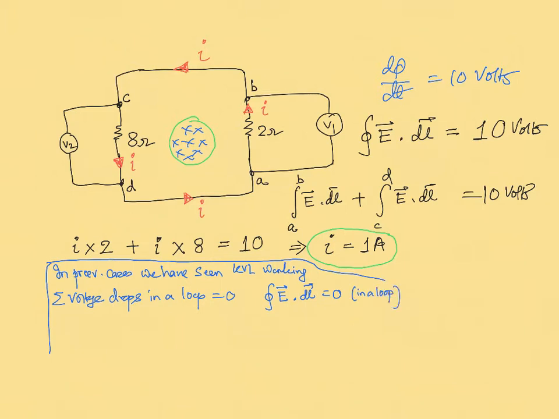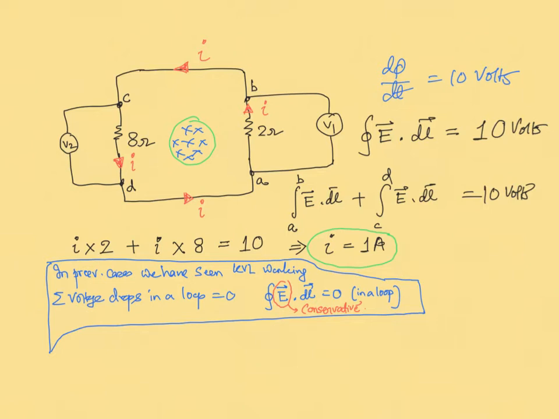That means the sum of the voltage drops and gains in a loop is equal to 0. Wherever you can apply KVL, the field is conservative. So in this circuit we say KVL is not working. That is very, very non-intuitive for us.